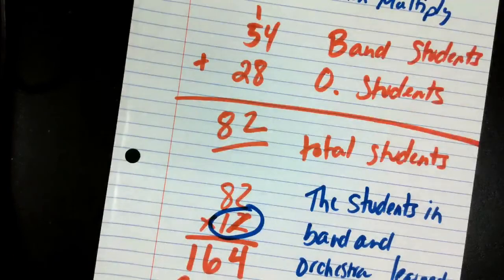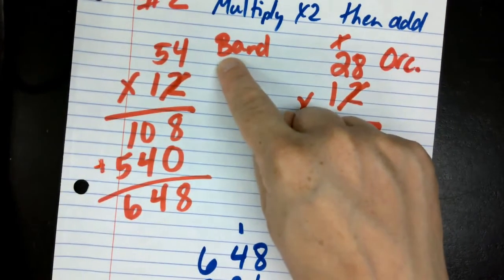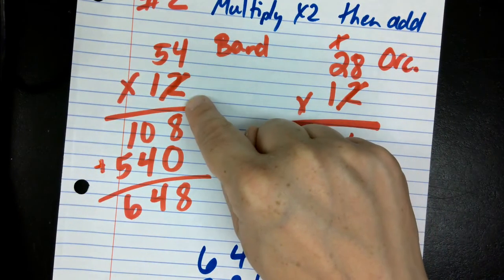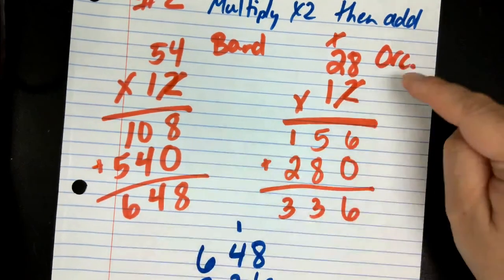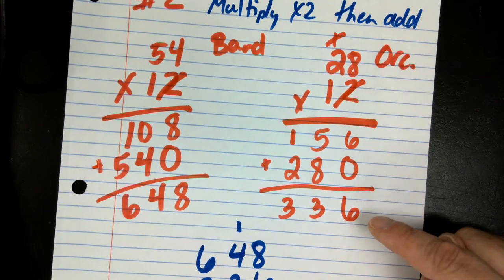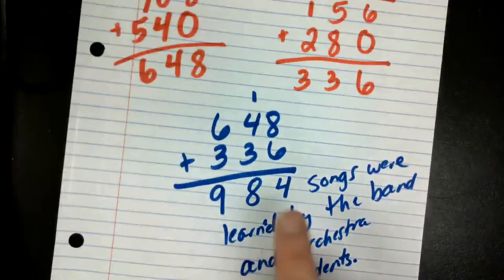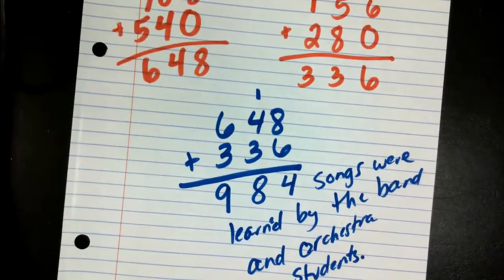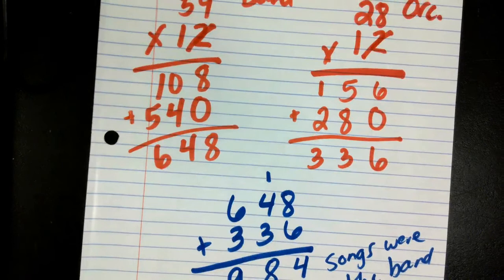And on the second one, I'm going to multiply the amount of kids in band by 12 and get their total amount of songs for band. And I'm going to take the amount of kids in orchestra times 12 and get the total amount of songs in orchestra. And I'm going to take these two numbers and add them together for the total. So you may choose whatever method you want, as long as you come up with the correct answer, and whatever you're feeling comfortable with is the right thing.